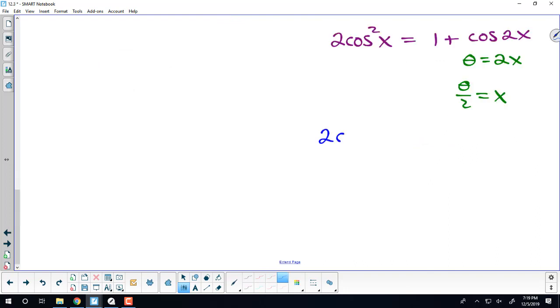It's 2 cosine squared, for the identity rather of just 1 plus cosine of theta.